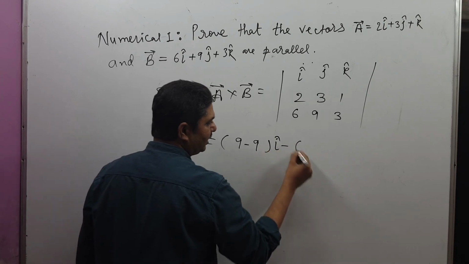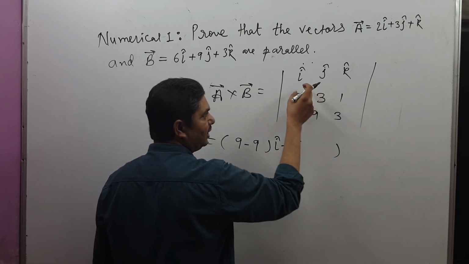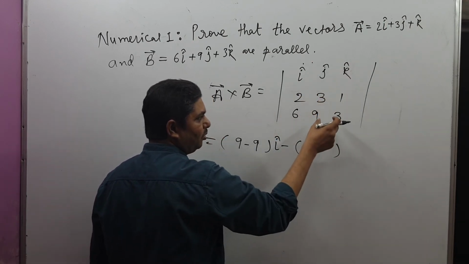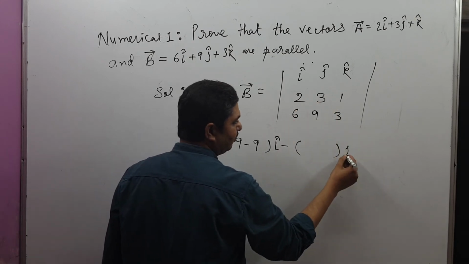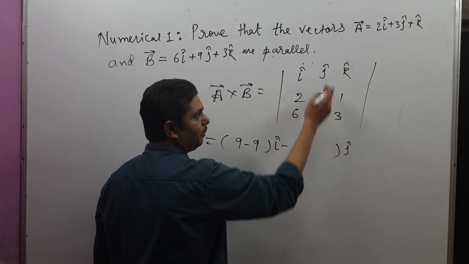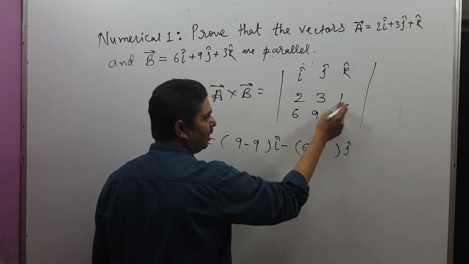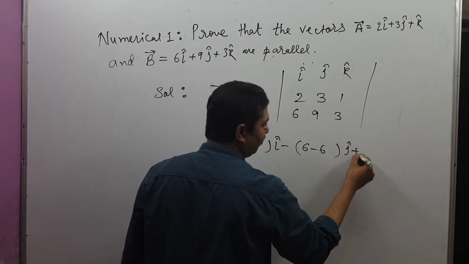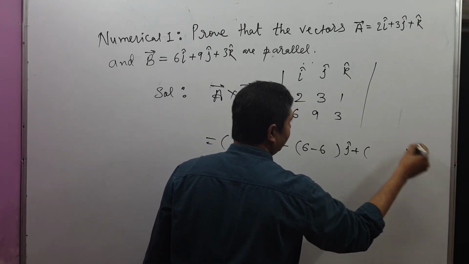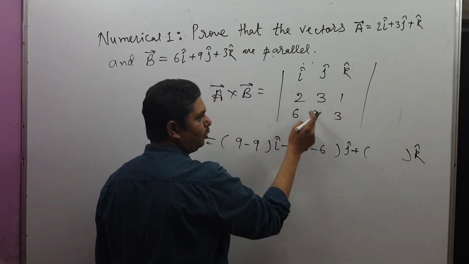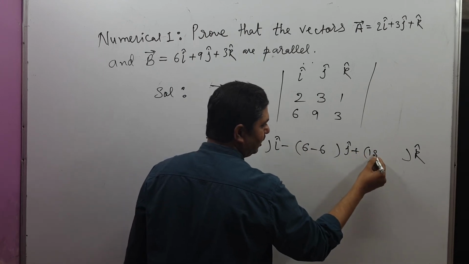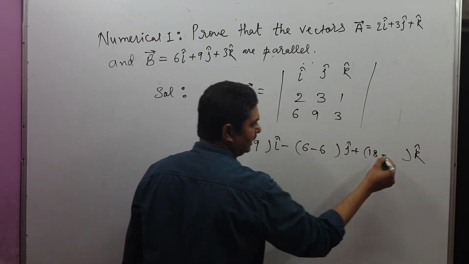Now give a minus sign here. You have to see the i term and the k term. You don't have to see the j term, because the j term is here. So this is 2 into 3 is 6, minus 1 into 6 is 6, plus right here the k terms. So 2 into 9 is 18, and 3 into 6 is again 18.